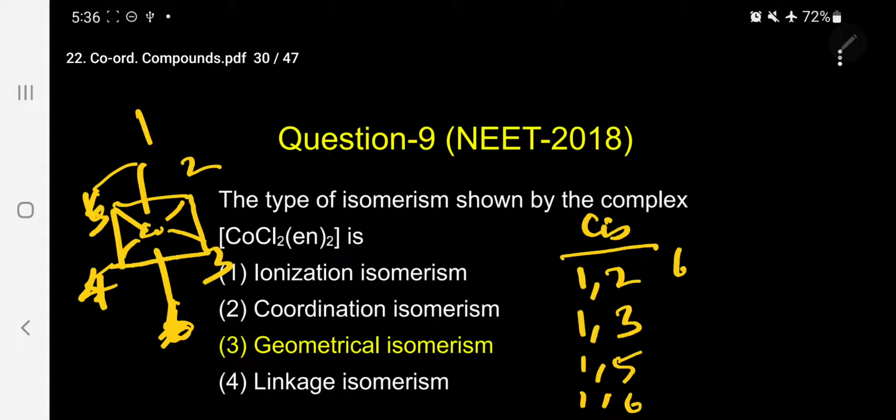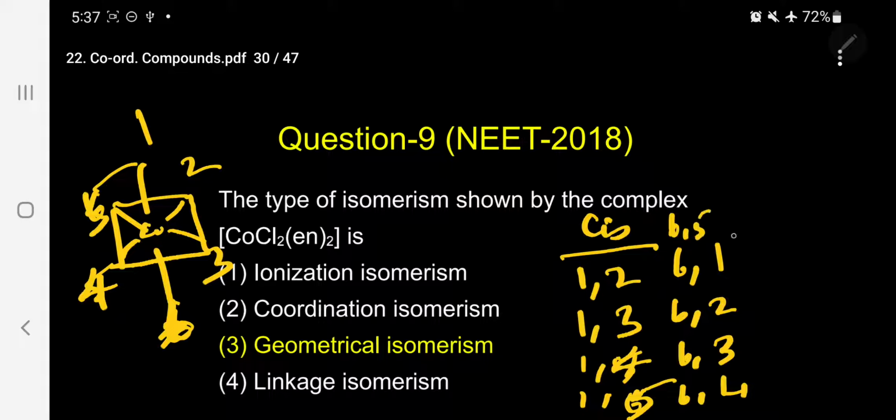1, 2, 1, 3, 1, 4, 1, 5. Another possibility is 6, 1; 6, 2; 6, 3; 6, 4; and 6, 5. Kindly follow, how many? 4 plus 4, 8.